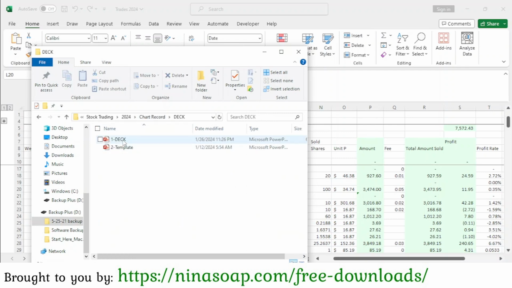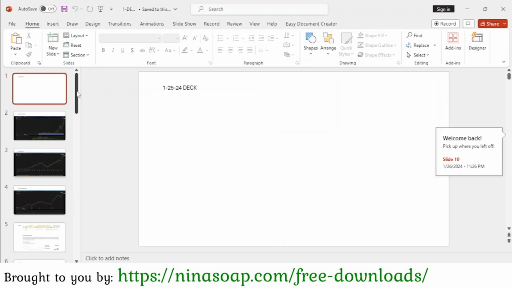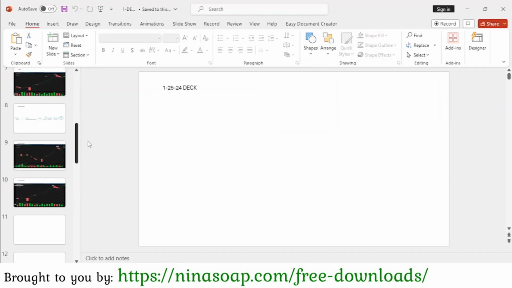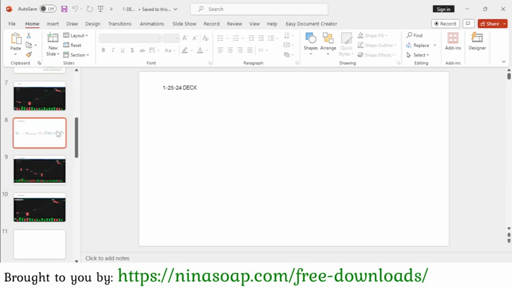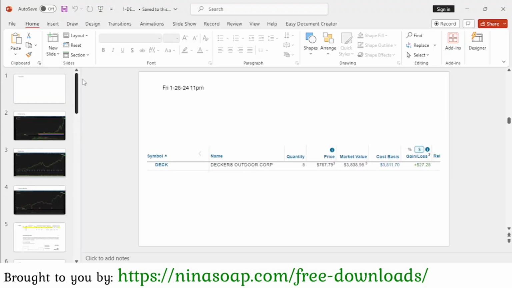Let's see deck. Yeah, done before. So this one, let's work on it to show the process.